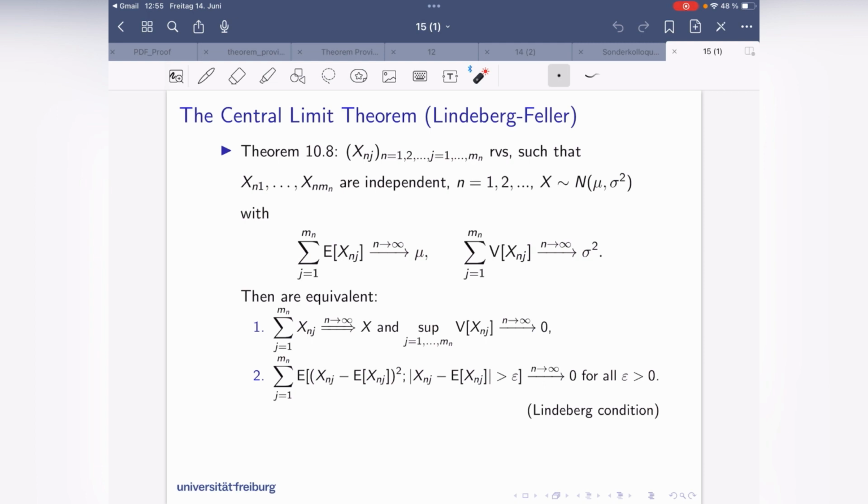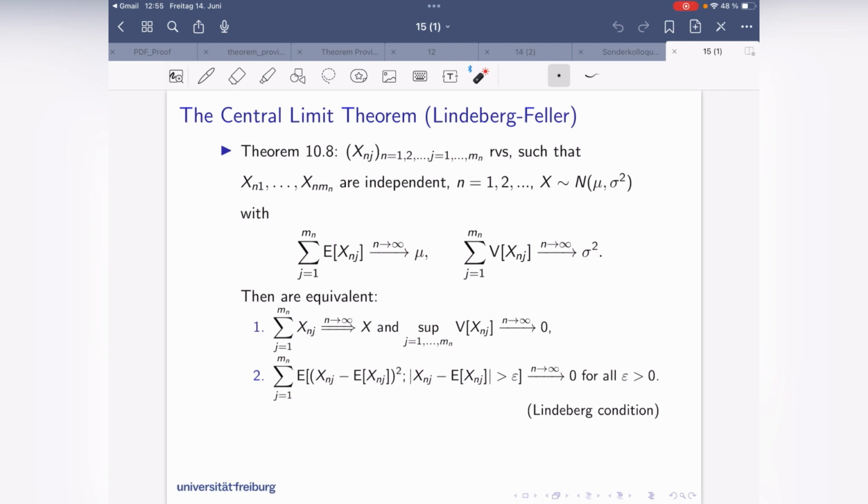And then the interesting part of the theorem that I show here is the direction from 2, which is the so-called Lindeberg condition, which I mentioned in the introduction, to the first part of the first item here, which is the convergence of the sum of the random variables along each row towards X, which has the mu sigma square normal distribution. So that's the interesting part.